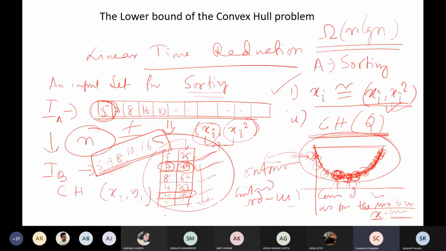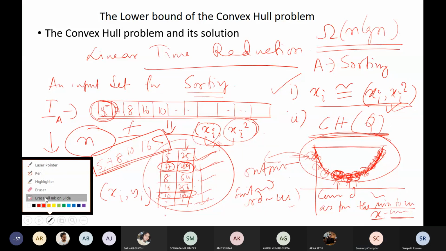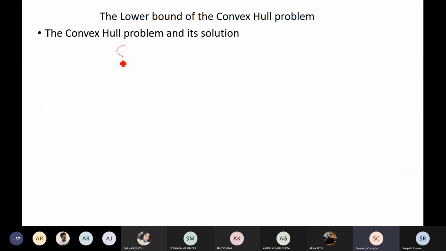So here, what we did, we converted a sorting problem to the convex hull problem. n number of inputs were there, and that is in linear time.